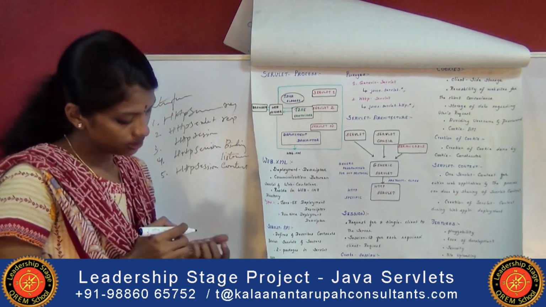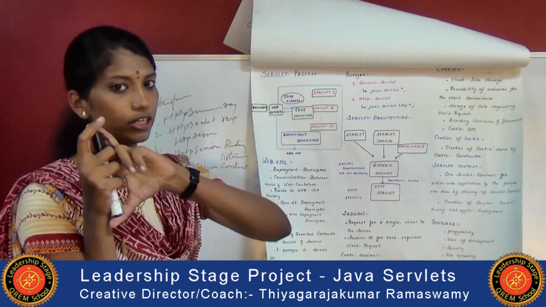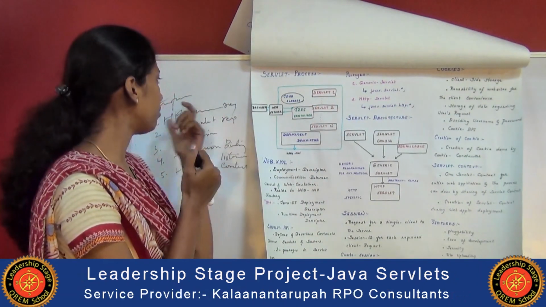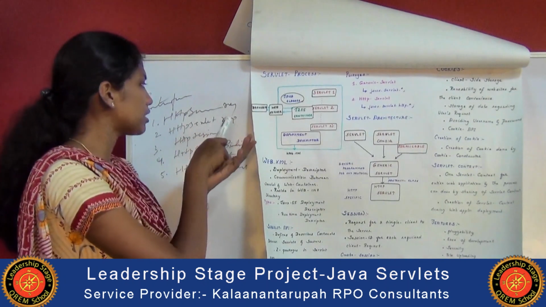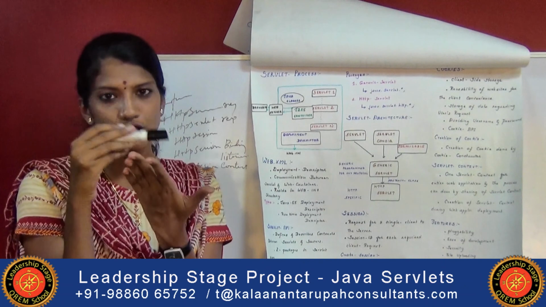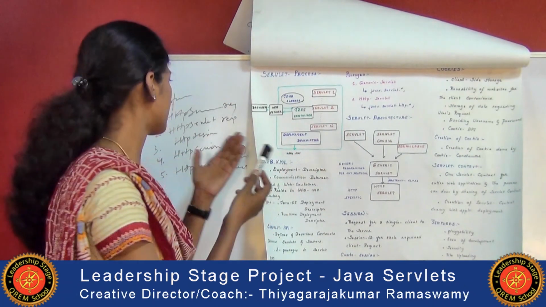HTTP servlet request: when the client and server communicate by using HTTP or HTTPS protocol, the HTTP servlet request is done on the client side, and the HTTP servlet response is done on the server side when the browser or server generates a dynamic response regarding the client request.